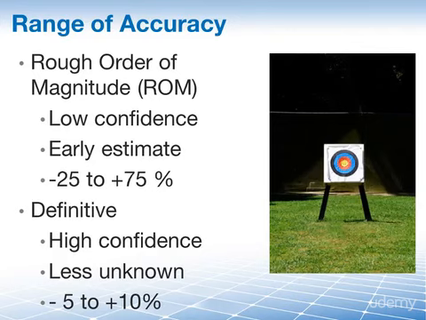It's different in every industry. It can be different from project to project. It can be different according to your company culture. Maybe in your organization, a rough order of magnitude estimate is minus 50% to plus 50%. But for the PMP exam, these are the two definitive numbers that you must know.